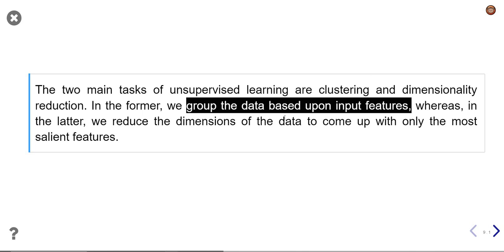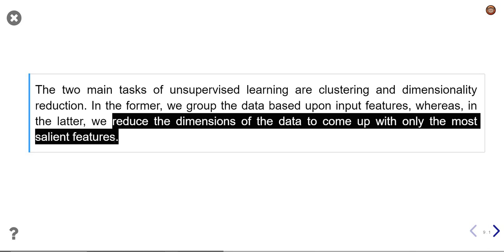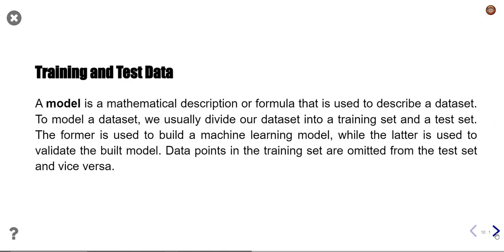Whereas in dimensionality reduction, we'll try to reduce the dimension of the data to only come up with the salient features. Salient features means important features. So these are the two things under unsupervised learning. Here are some of the terminologies that we need to learn: training and also test data.